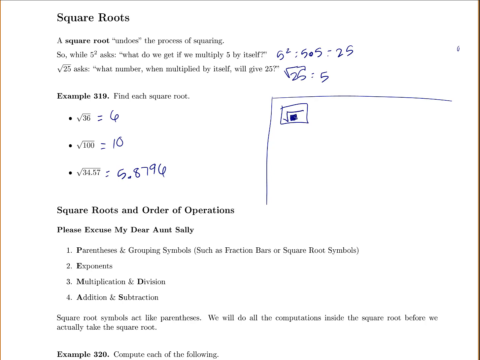This is my square root. This is what I want. You might have something that looks like this with a little 3 and the box inside. That 3 means it's a cubed root, not a square root, and that's not what you want. So we don't want that one.